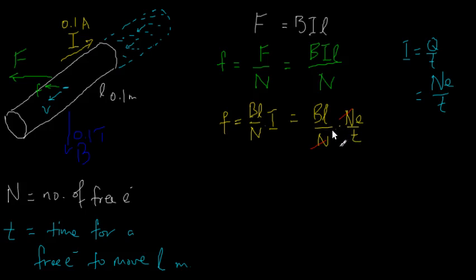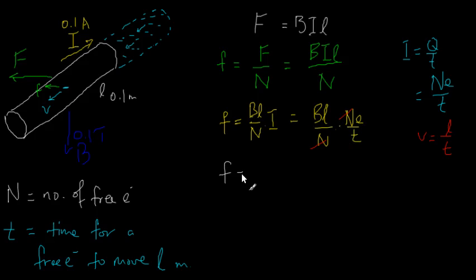Okay. Now then the next thing I need is to relate this to the velocity. Since L is the distance moved by the electron and t is the time taken, therefore we know that the velocity is equal to L over t, distance over time. And you see, I have a distance and a time here, right? So I can rearrange that.